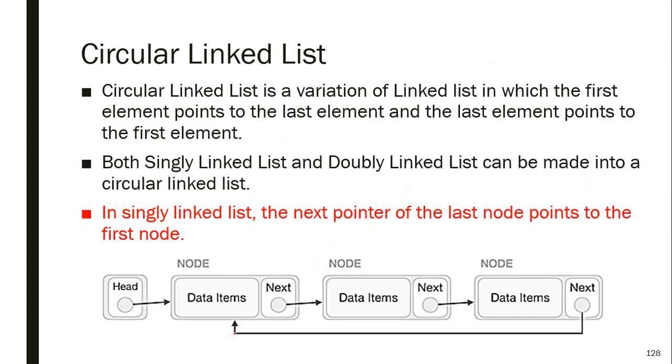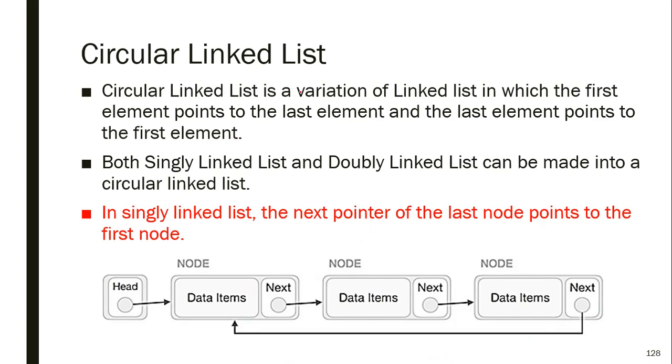Now there is another variation that is called a circular linked list. In a circular linked list, the next of the last value is not pointing to null, it is in fact pointing to the first one. So it creates a circle here.